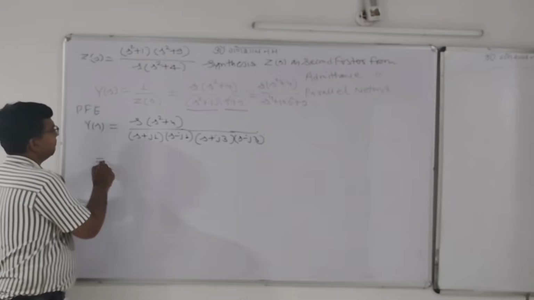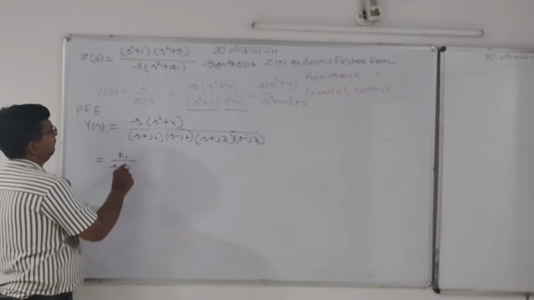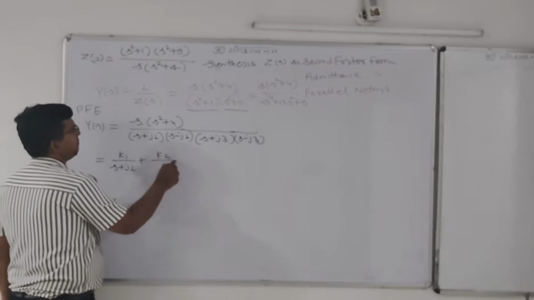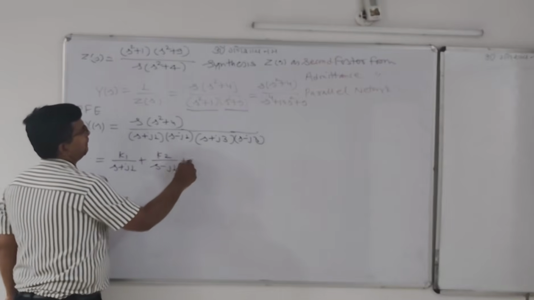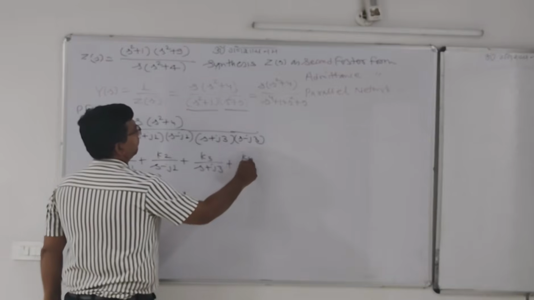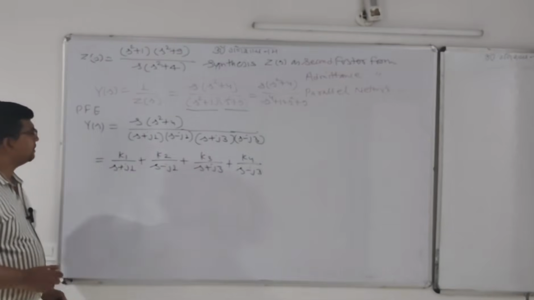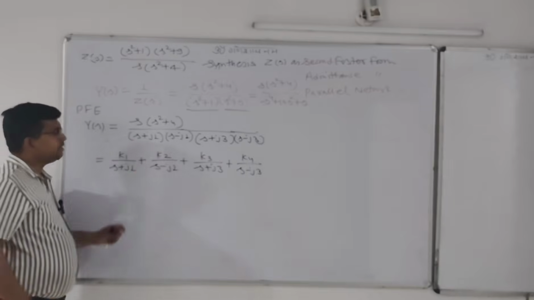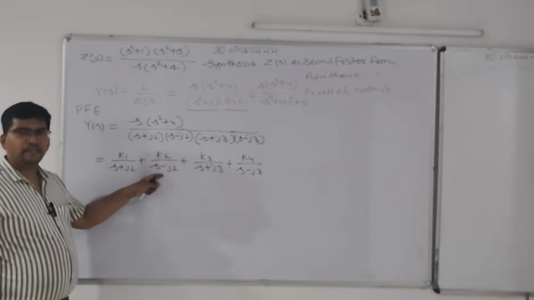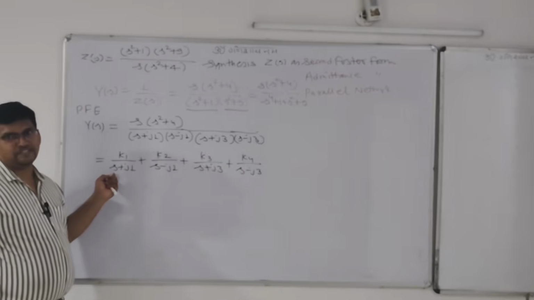To apply the partial fraction method, it becomes K1 upon (s plus j1) plus K2 upon (s minus j1) plus K3 upon (s plus j3) plus K4 upon (s minus j3). One interesting point is that K2, the coefficient of the s minus j1 factor, is the conjugate of K1, since s minus j1 is the conjugate of s plus j1.